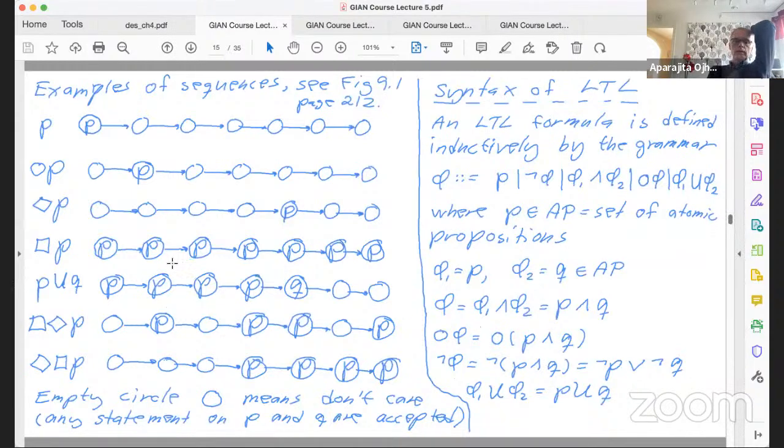Now these page references here are references to the lecture notes you also have.